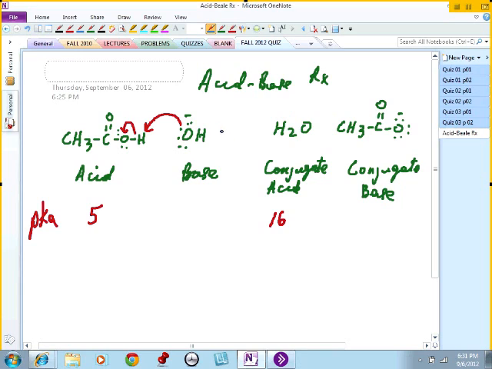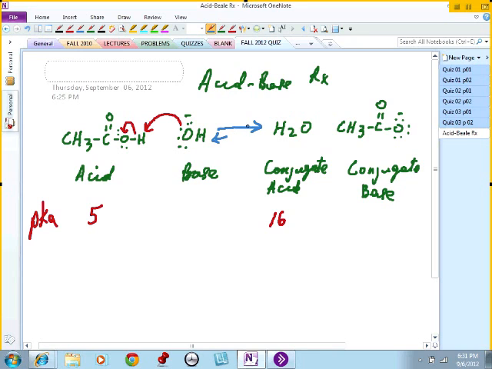So this reaction will go mostly to the right. Okay, there might be a little bit to the left, but most of the reaction will go to the right. And that is how you predict the direction of an acid-base reaction. You use the pKa value of the acids involved in the process.